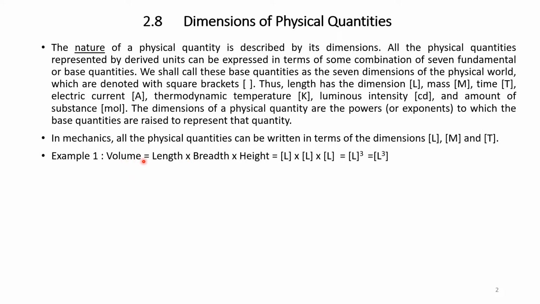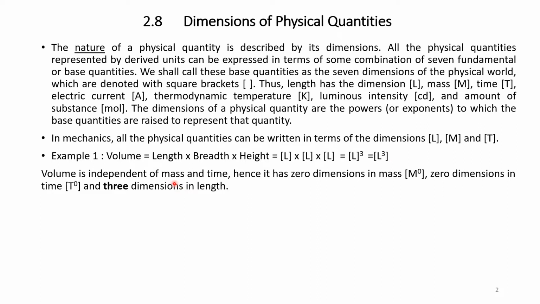Volume is equal to length into breadth into height. Length has dimension capital L, breadth also capital L and height also capital L. So there are three L's, L into L into L. It can be written as L cube within square brackets, as shown in the slide.